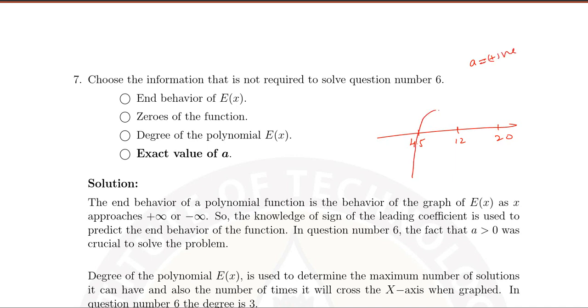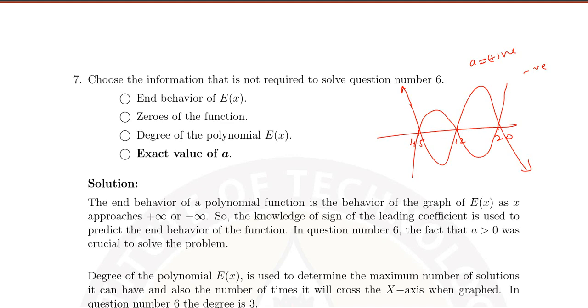Therefore I know that when it is positive, this curve will open this way, right? Had it been negative, this curve would have opened this way, right? And in that case the value would have been totally different from what we have achieved. Therefore the end behavior of the curve is very much essential.